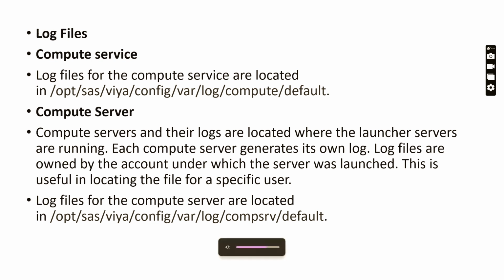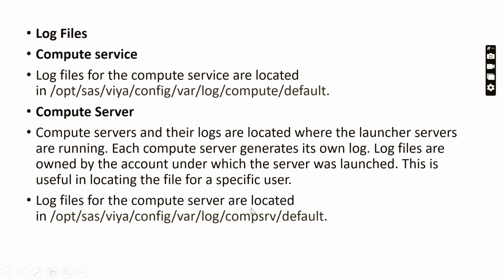If you see here the configuration directory, then var, under var you have logs. Under logs you can see different services: launcher service, compute service, and compute server. Compute server is compute SRV. So up to here the location is the same.